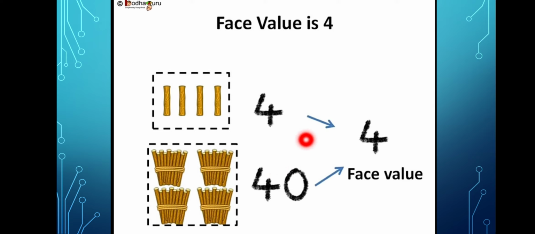In both cases, the face value of 4 is always 4. So, the value of a digit that never changes with its place is called face value.